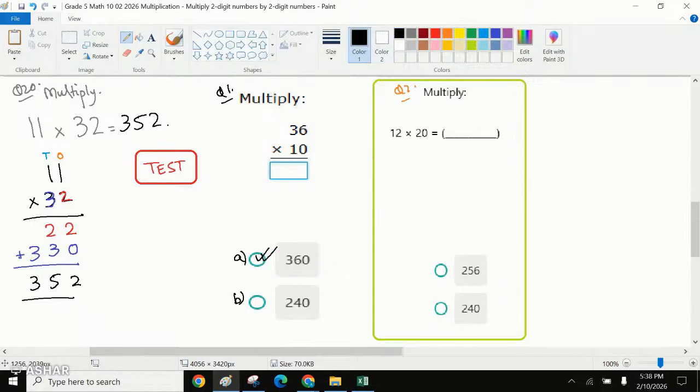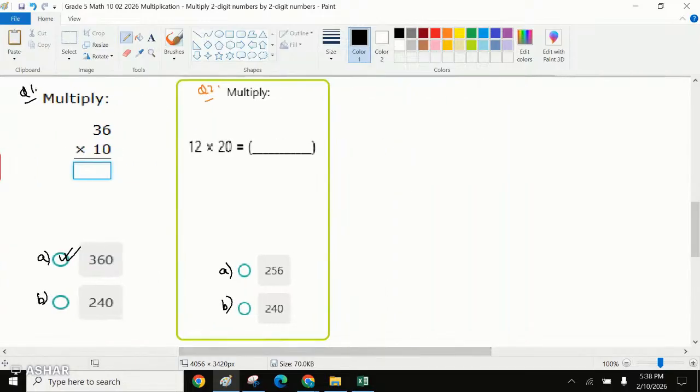Thank you. Question number 2. 12 is being multiplied by 20. Yes, simple. You put a 0 at the end. Thank you.